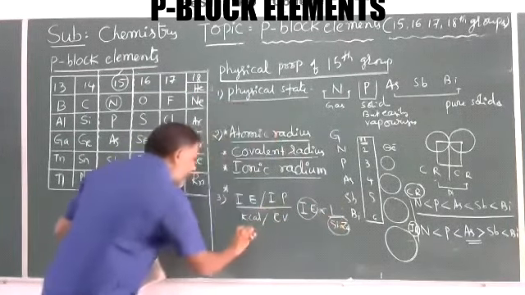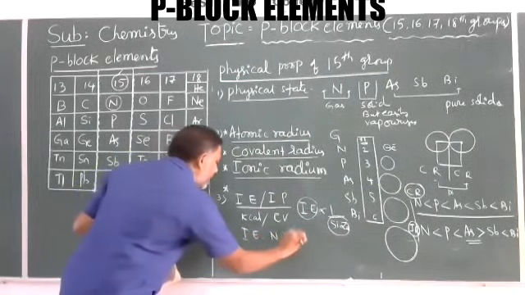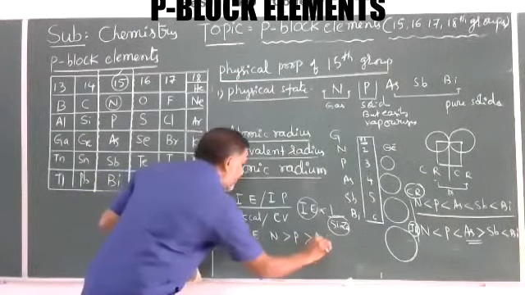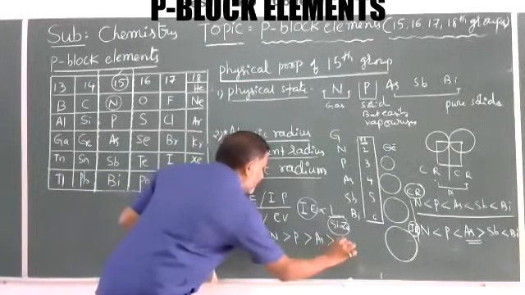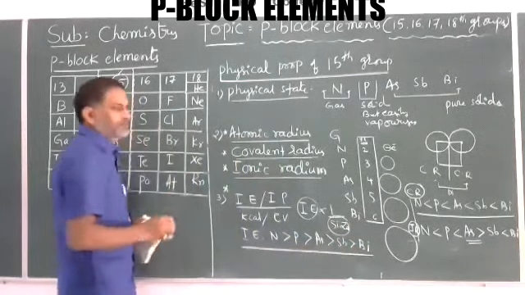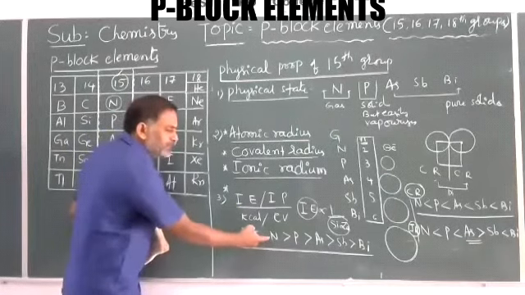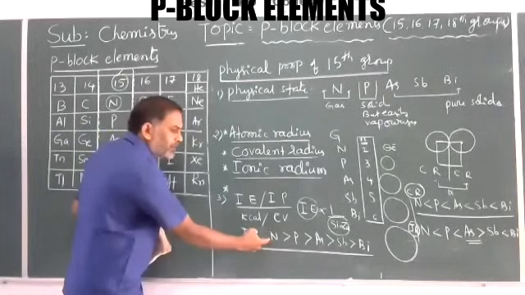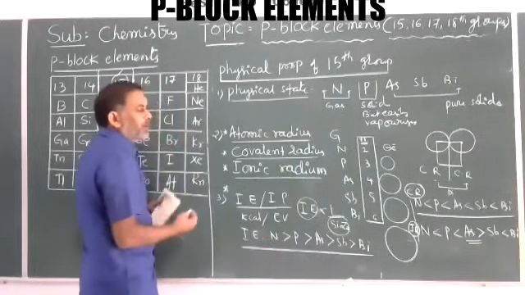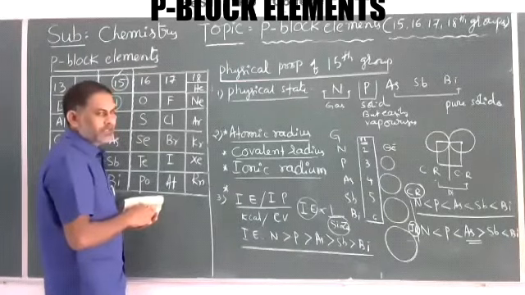That's why ionization energy is more for nitrogen than phosphorus, than arsenic, than antimony and bismuth. This is ionization energy. When ionization energy is more, size is less. Based on that, we look at atomic or ionic size or covalent radius.